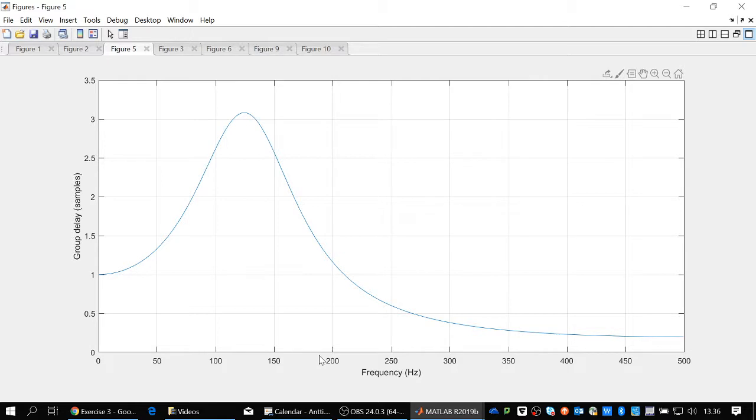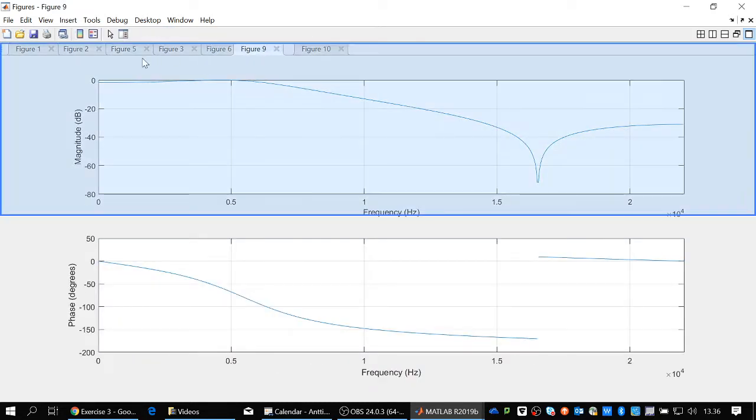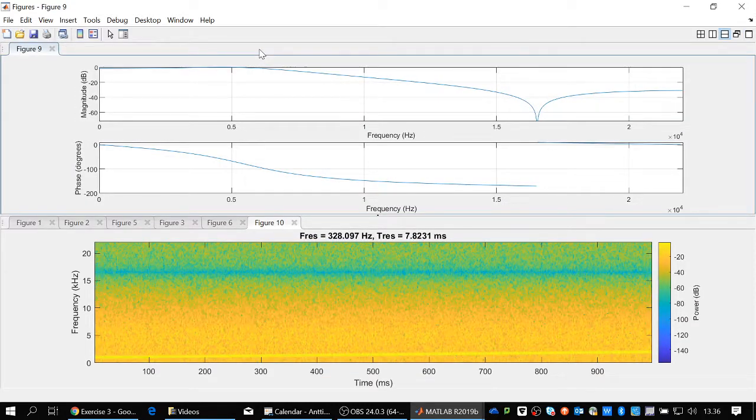And then group delay. We had the frequency response somewhere. Calculate the frequency response.